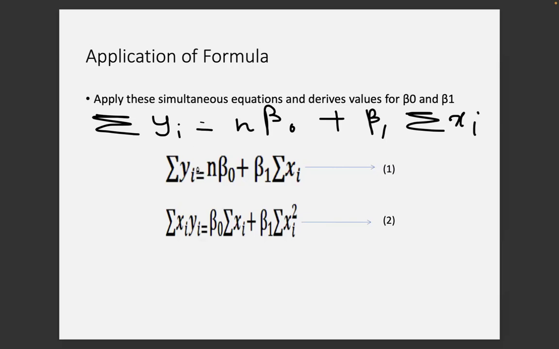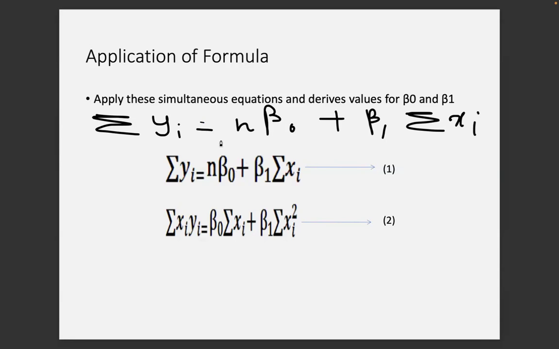We can substitute the graph's x values and y values and find out the beta naught and b1 values, as well as calculate the xi and yi sums.